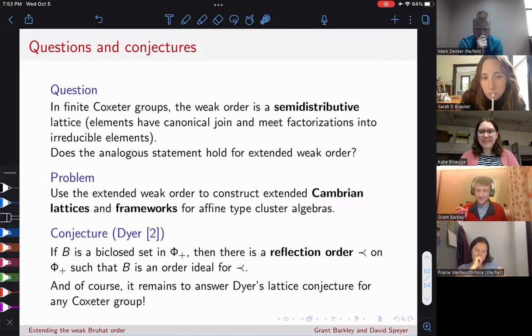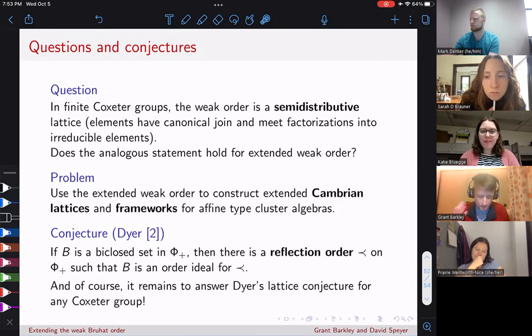There's even a combinatorial setup in which you can prove theorems about cluster algebras just by working with these lattices. So the question is, can you use the extended weak order to construct these lattices and then understand affine type cluster algebras? That's one of our motivating problems.